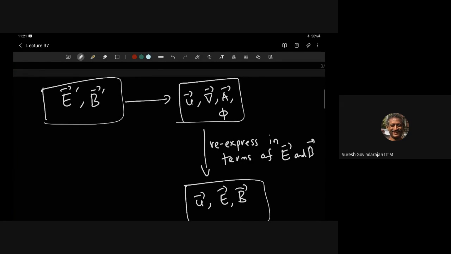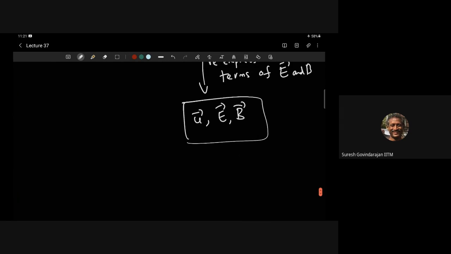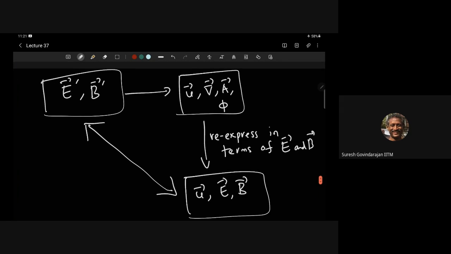There are some identities that you will need. And now we can compare these two. Now we know how E prime and B prime are related to u, E and B to order u squared. But if we go this route, or we go this route, both routes should give the same answer, right?